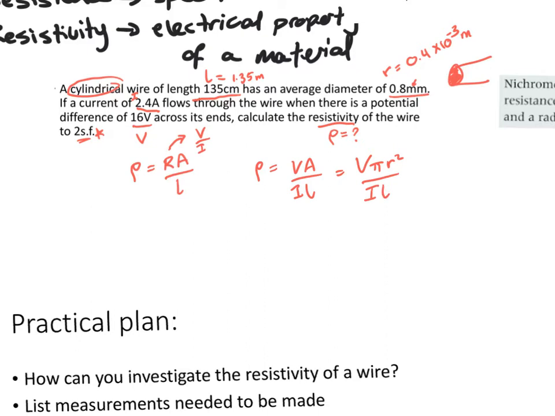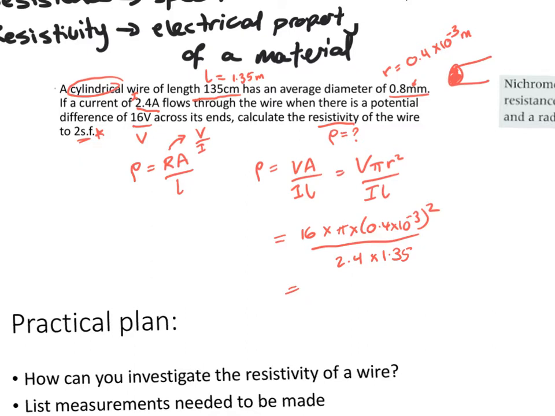And I'm just going to simply place my values in, which is 16 times pi times 0.4 times 10 to the minus 3 squared, divided by the current, which is 2.4, times the length, 1.35.